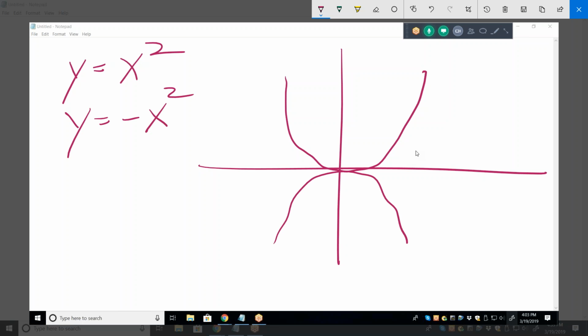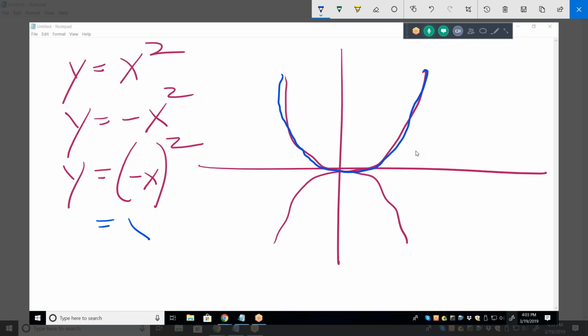But if I put the negative sign inside the function like this, then that's supposed to be a horizontal reflection, which it is. In other words, if I reflect that horizontally over the y-axis, I get exactly the same thing I started with, which is x squared: minus x quantity squared is the same as x squared.